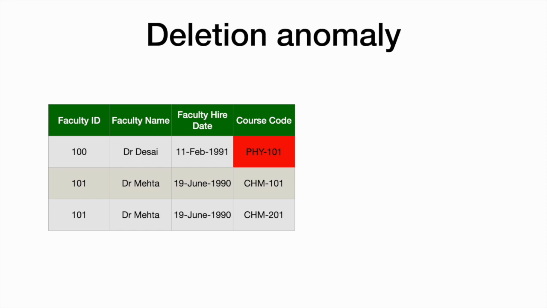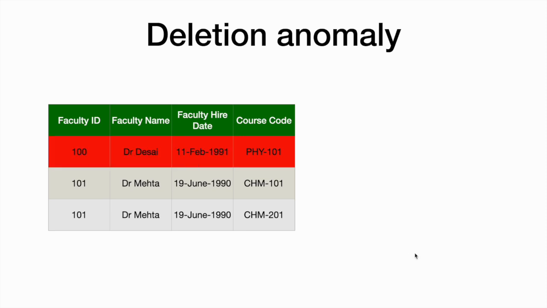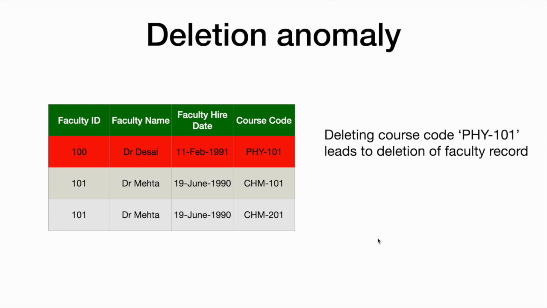Delete from table where course code is equal to PHY101. But when you do this, you end up removing the whole faculty information of Dr. Desai. So if someone comes tomorrow and asks, when was Dr. Desai hired, you basically don't have him in the record. You just deleted that whole thing. So this is an example of deletion anomaly.